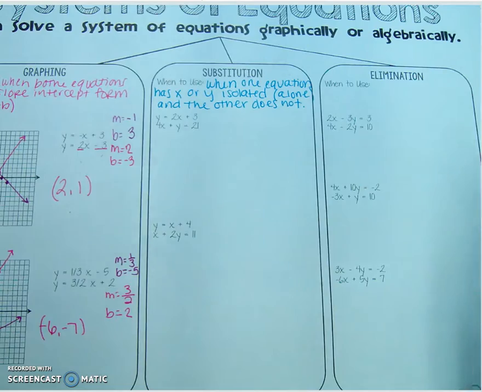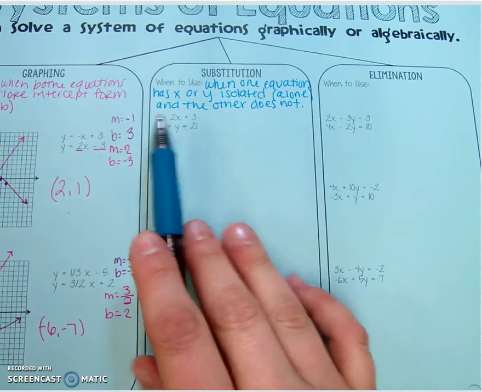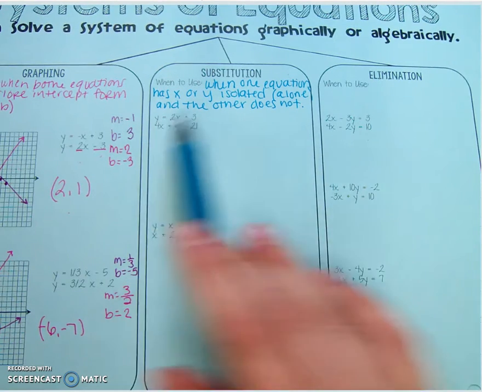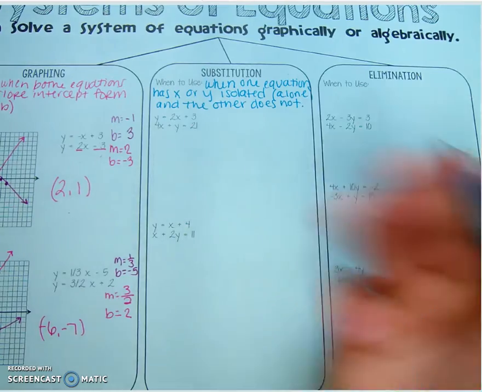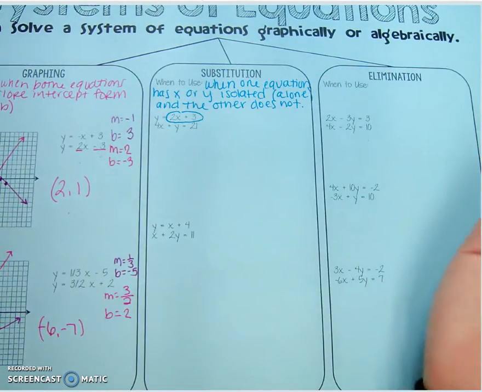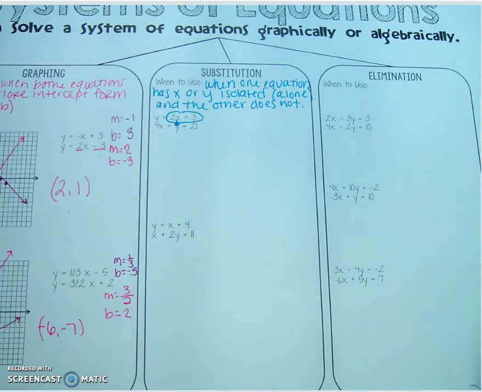So in this example, I have y equals 2x plus 3. I have an isolated variable. The variable that's isolated is y, which is 2x plus 3. It's going to be easy to substitute into that bottom equation.